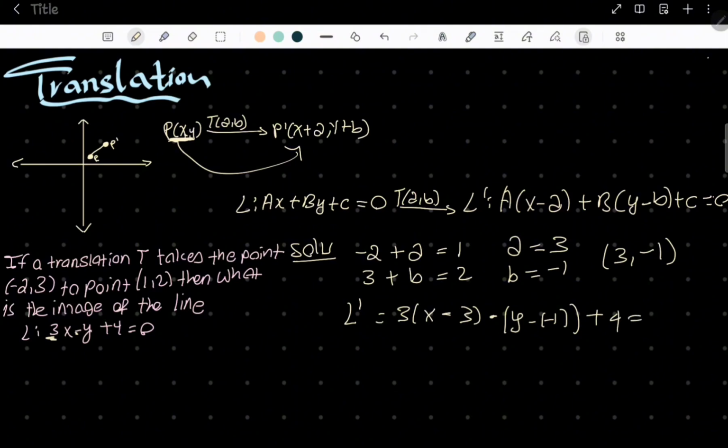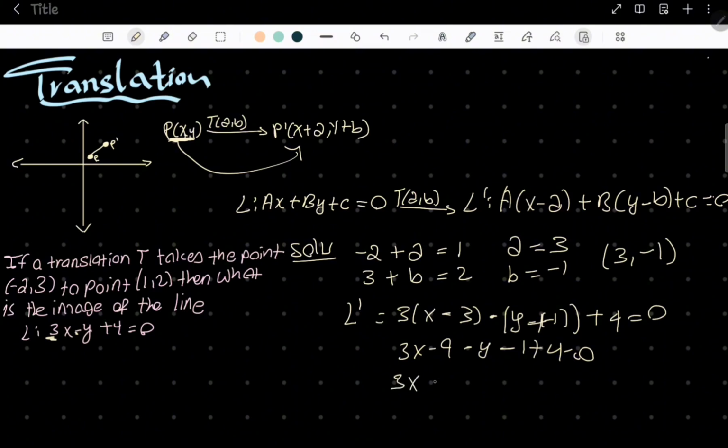Plus 4 equals 0. Now let's solve every number. Let's distribute everything: 3x minus 9 minus y, and then here it's going to be plus, pretty much, so minus y minus 1 plus 4 equals 0. We're not going to solve, but we're going to simplify everything.